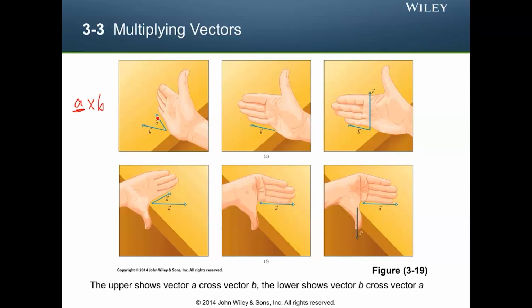So if it's A, start with the A vector, and then you move to B. You close your fingers around your hand, and that gives you the direction of your thumb.